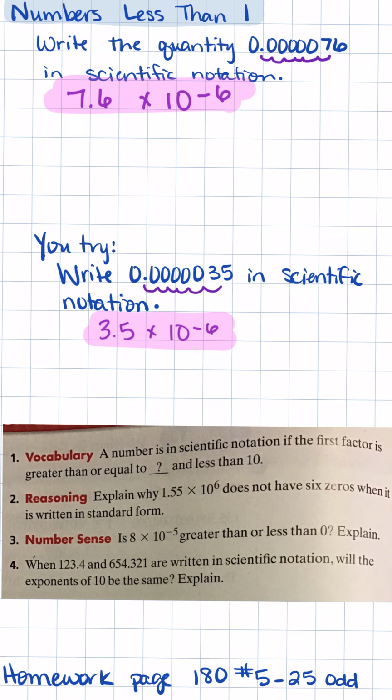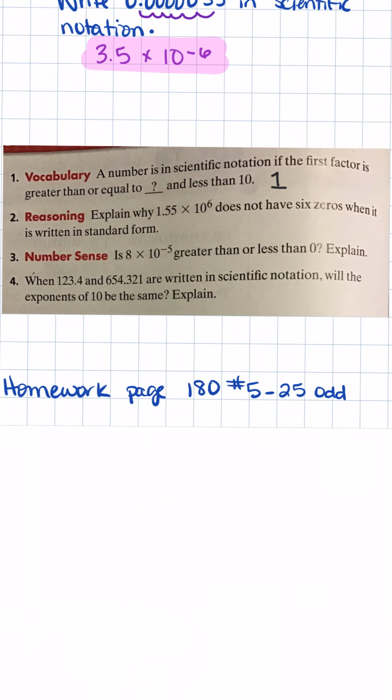Okay, so let's just look at our understanding. A number is in scientific notation if the first factor is greater than or equal to 1 and less than 10. Number 2, reasoning.